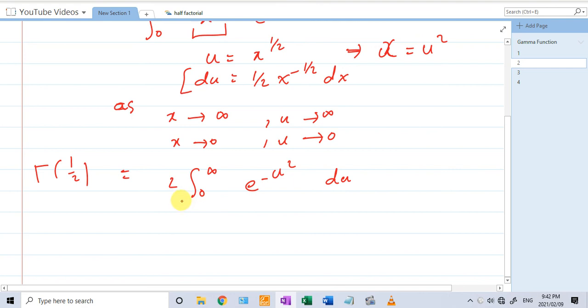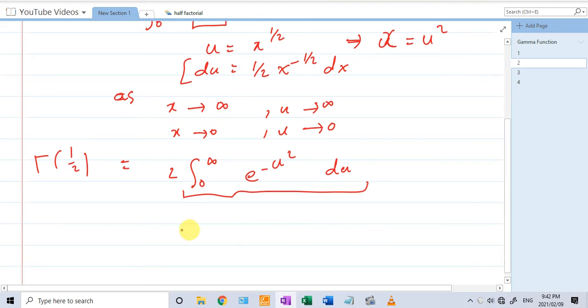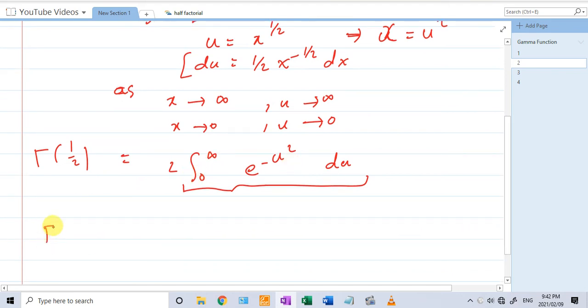Now what we have here is a famous Gaussian integral. So to solve this integral, we can square both sides. Gamma half all squared is equal to, squaring this side, 4 times the integral from 0 to infinity of e to the power negative u squared du.